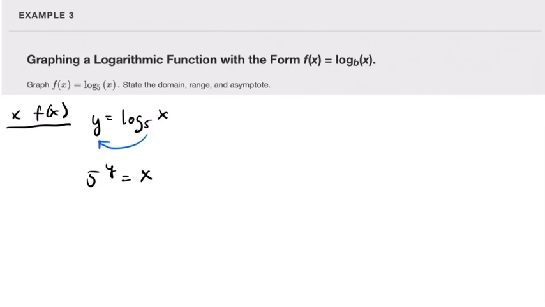So we'll let y be negative 2, negative 1, 0, 1, and we'll go ahead and do 2, right? So when y is negative 2, what is that, 1 over 25? X is 1 over 25, so it's slightly positive, but it's really close to 0, essentially. When y is negative 1, we get 1 over 5, then we get 1, and then we get 5, and then we get 25.